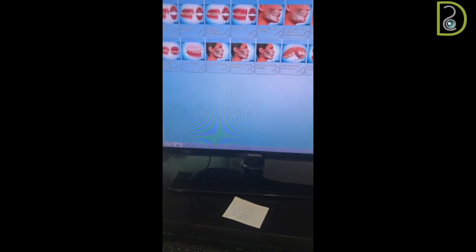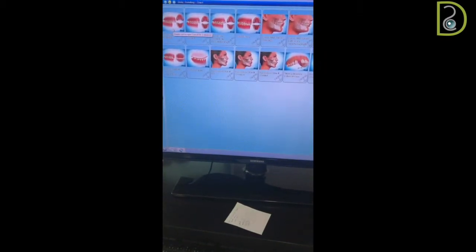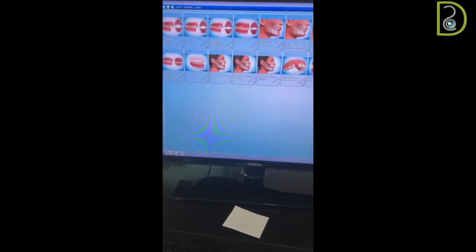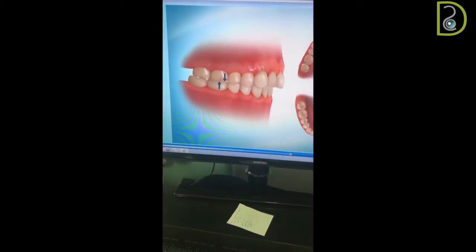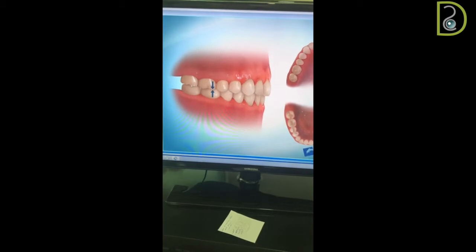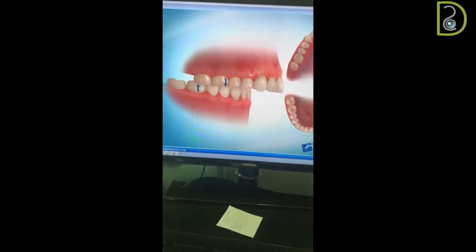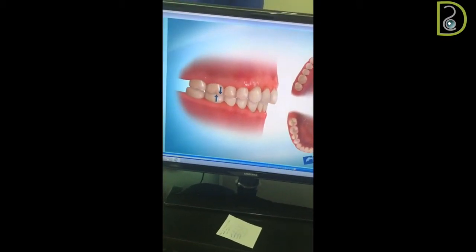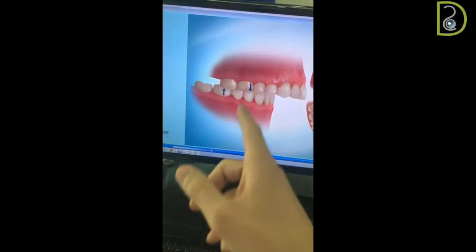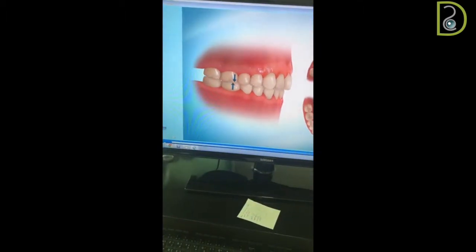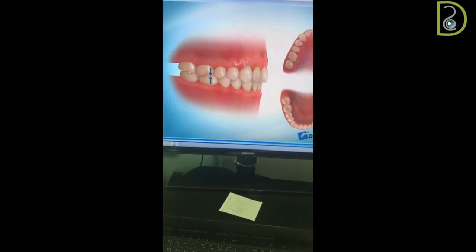Let's say the patient has a skeletal class 2, like that. Our aim is to achieve this occlusion. Class 2 means the upper teeth are more forward, and the patient has a big overjet.